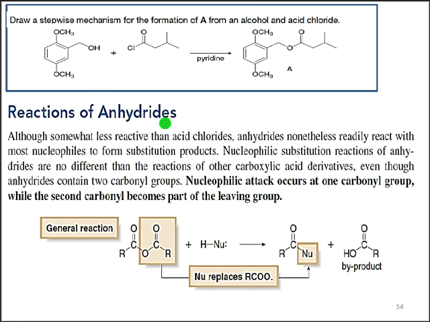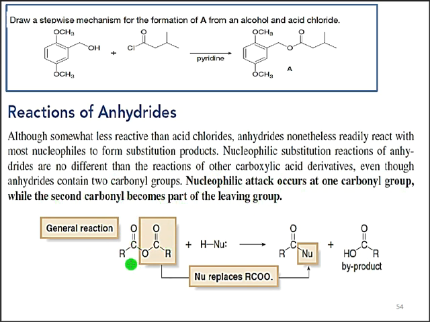And the reaction of anhydride. From anhydride we can prepare the carboxylic acid, we can prepare the ester, and we can prepare the amide, primary, secondary, tertiary amide, all of them. But we cannot prepare the acyl chloride from the anhydride. The nucleophilic attack occurs at one carbonyl, while the second carbonyl becomes part of the leaving group.